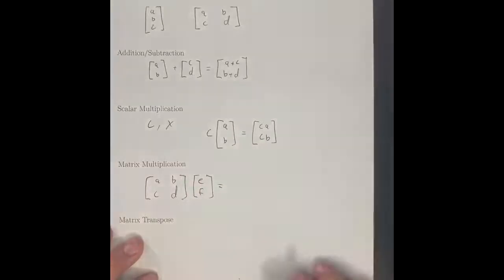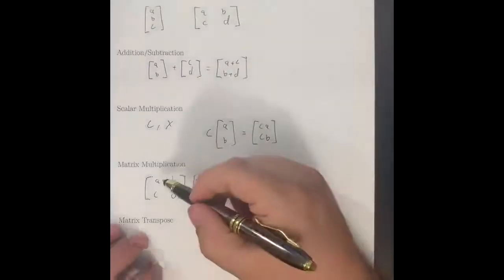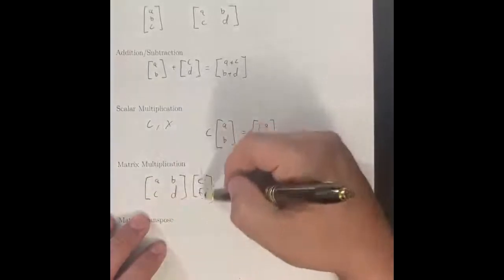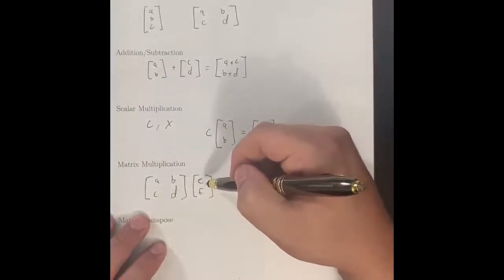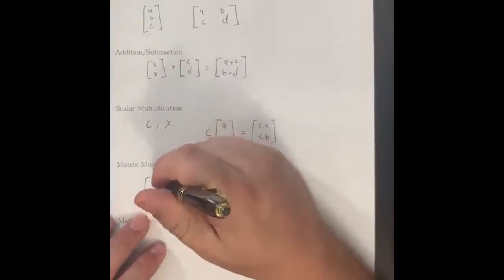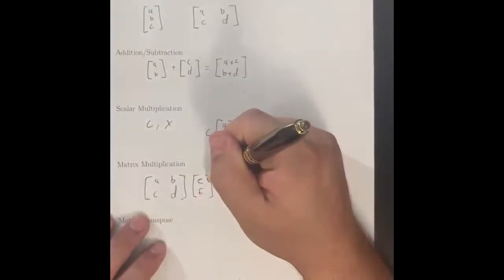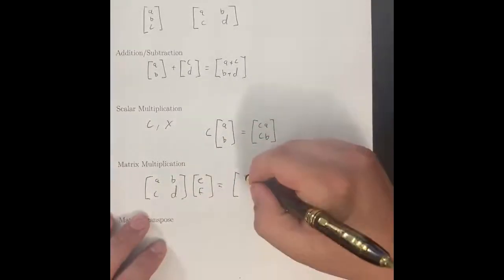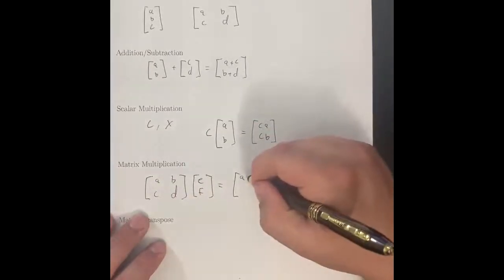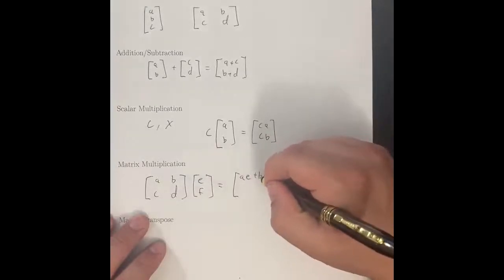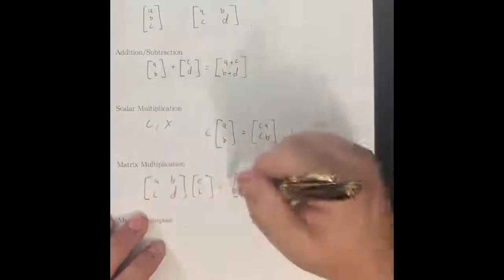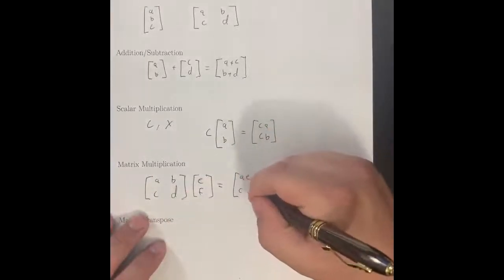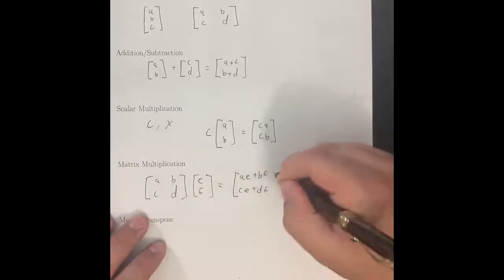And how we do matrix vector multiplication is we take the row of the matrix times the column of the vector. So this would be a times e, and we add the separate entries. So it'd be a times e plus b times f. This is going to result in a vector that's ae plus bf. And then for the second entry, we're going to have ce plus df.